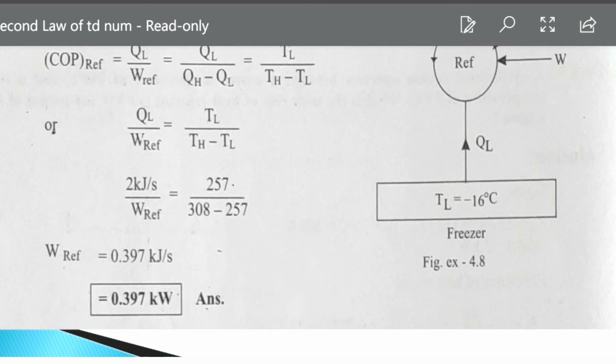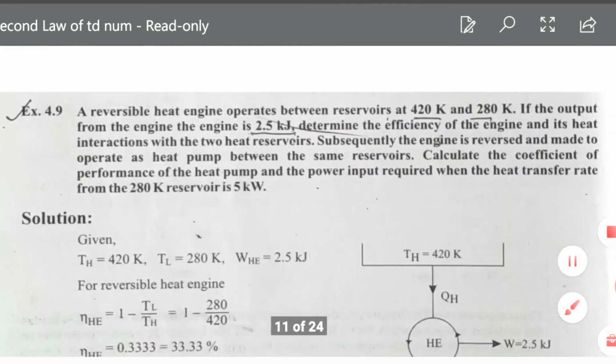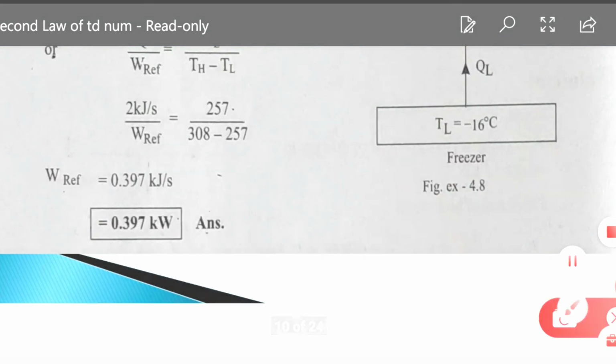So from this equation, the refrigerator work will be equal to 0.397 kilojoule per second or 0.397 kilowatt.